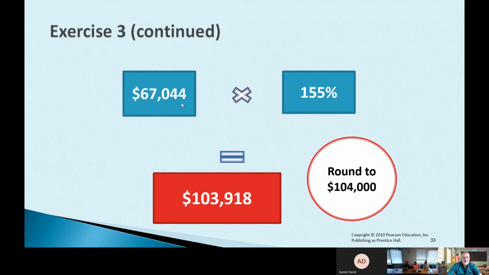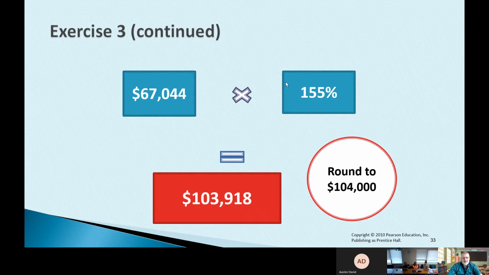Now, this company wants to make a 55% profit rate. So if we know this is what it cost us to do their 260 hours, and we want a 55% labor rate, we can take this times 155%, or times 1.55.